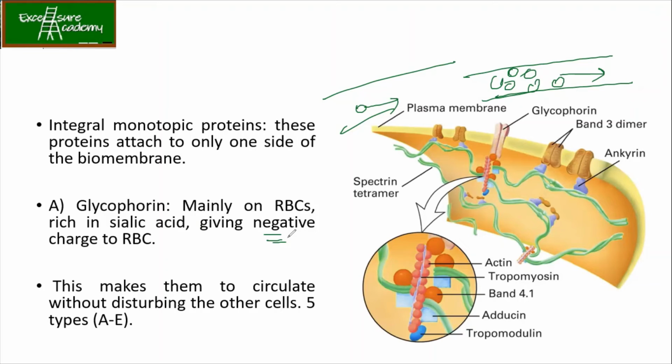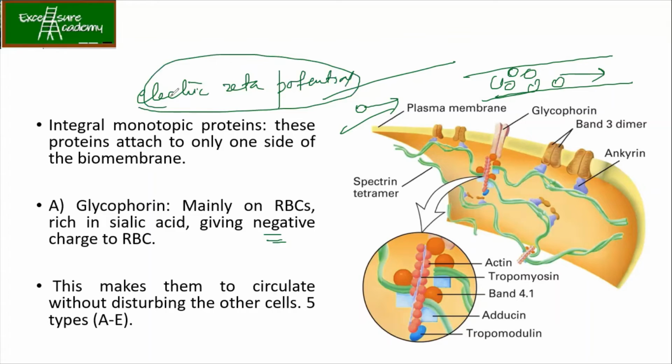Now, if sialic acid is there and it is giving negative charge to RBC, so what is happening? It is creating a repulsive electric zeta potential on the surface of the RBCs. The electric zeta potential we say. Normal भाषा में क्या? It is giving a repulsive potential to each surface of the RBC.